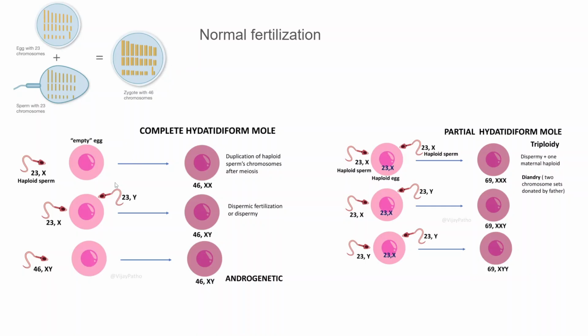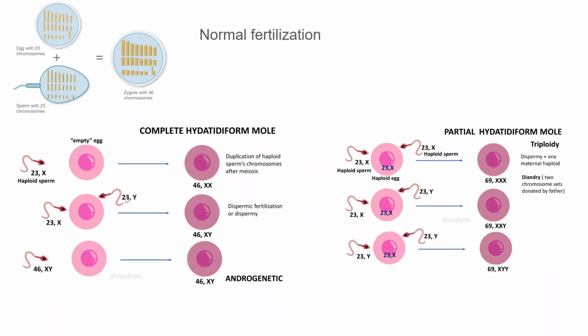Now, in a complete hydatidiform mole, the ovum may be empty, and the male gamete, that's the 23X chromosome, may just add on and duplicate, which results in a diploid XX chromosome.